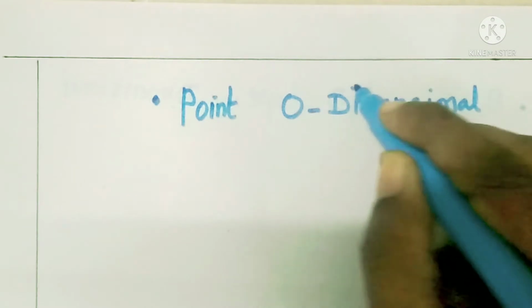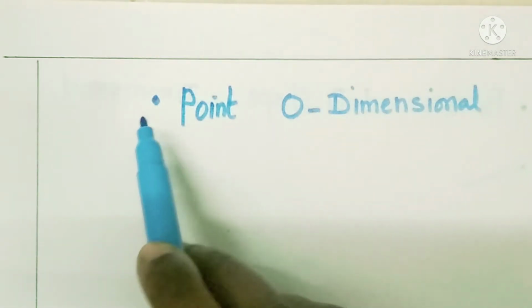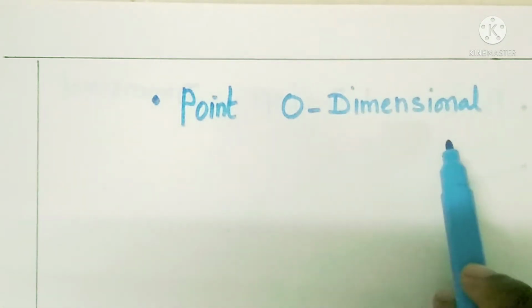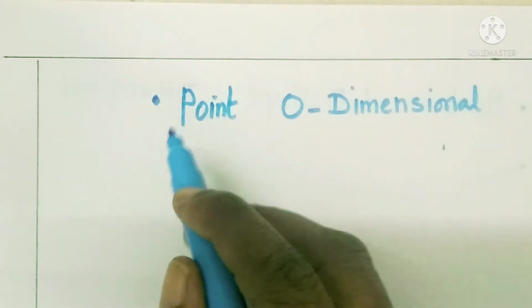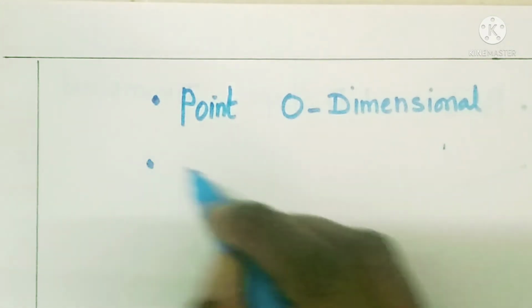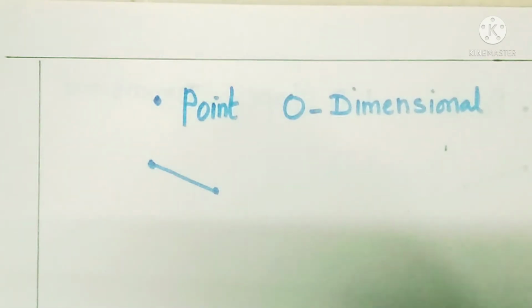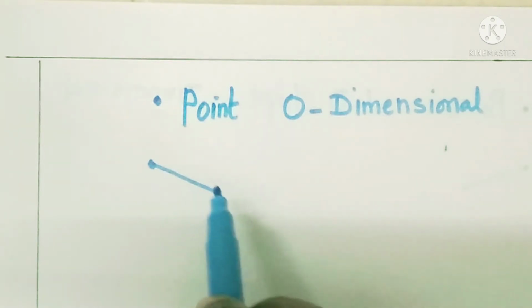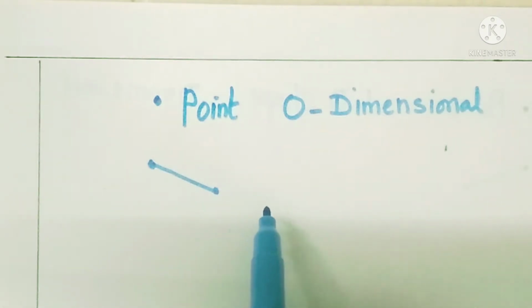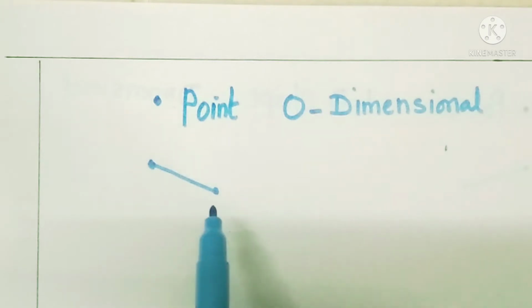We say that a dot or a point is zero dimensional. Okay. Now if you take 2 points and join them, we get a line segment. A line segment has length, but it has no breadth or height.